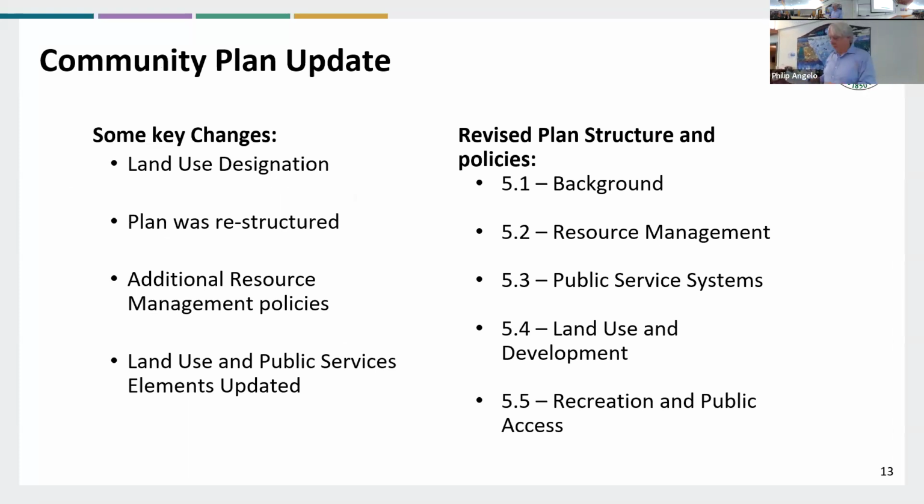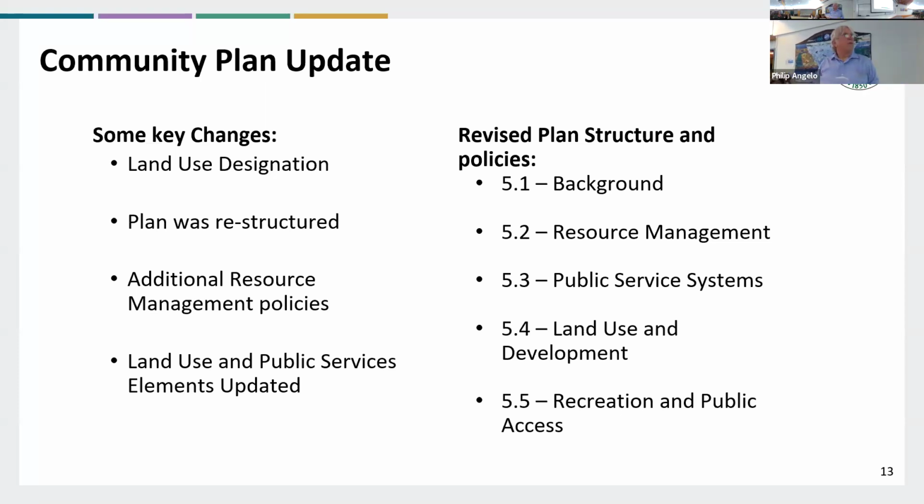So the proposed draft community plan that the EIR is going to be looking at includes updated land use designations and policies. It also reorganizes the structure of the community plan. The 1982 plan elements of land use, commercial fishing and recreation, boating, and energy facilities are now consolidated into a new land use and development chapter, section 5.4.